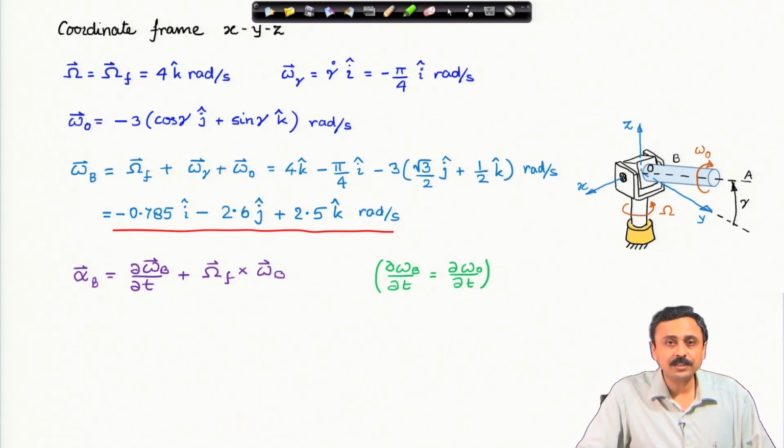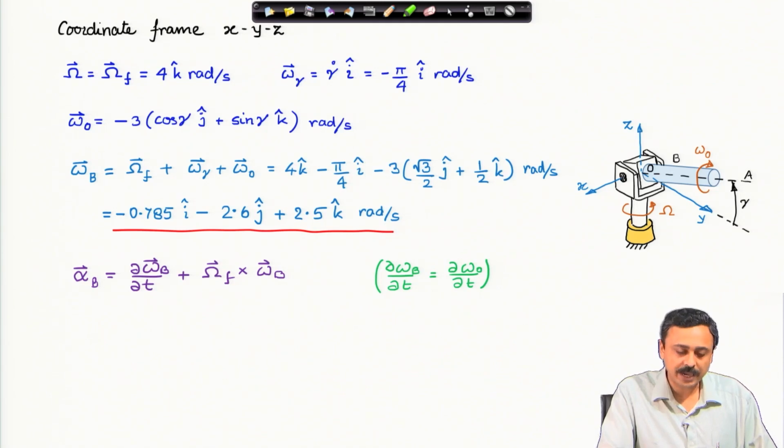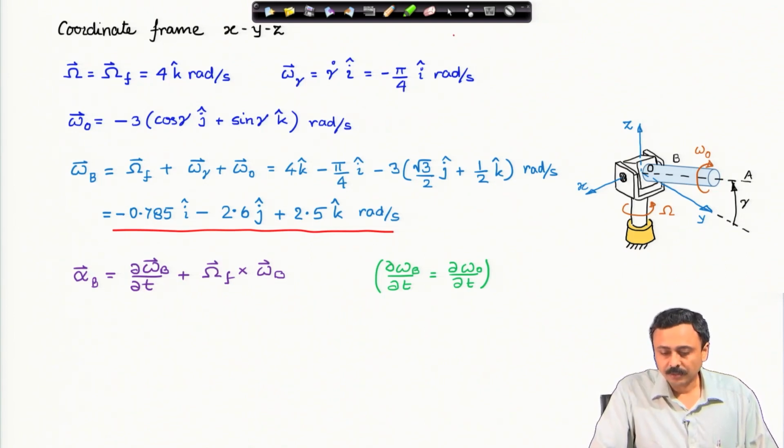Now, angular acceleration of the body is nothing but the time derivative according to our prescription. It is del t of omega body plus omega f cross omega body, and del omega body del t is del omega naught del t.